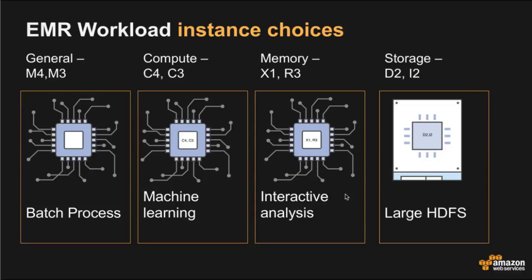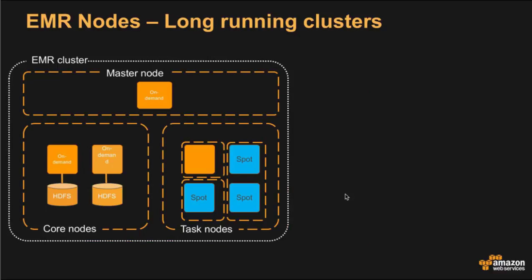So with all these, how do we tie these together to the EMR concepts? In EMR, you must be aware that there are three types of nodes that you could use. Although HDFS has a replication factor that you could set, which can tolerate the loss of one or a few nodes a little bit, which we'll explain later in the next slides.